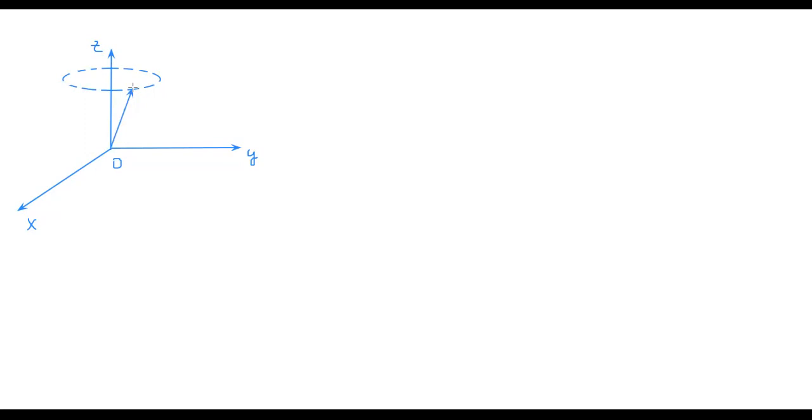At the initial moment of time, we have radius vector r1. At the final moment, it is r2. Here r1, r2.